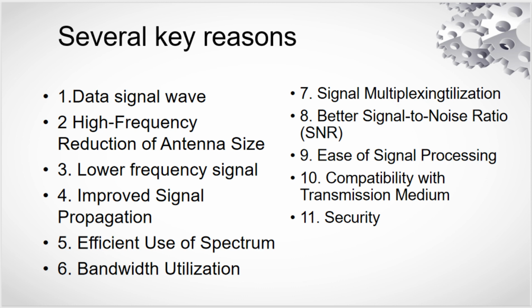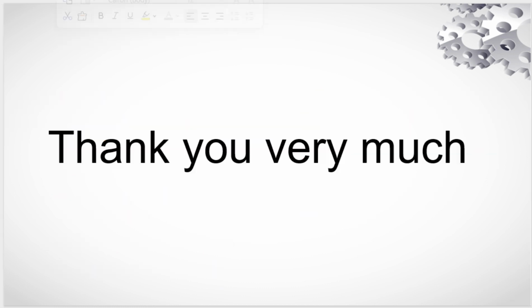With modulation, the data signal is kind of hidden inside the carrier wave. So here are the 11 key reasons why we need modulation during transmission. So that's all for this question. Thank you.